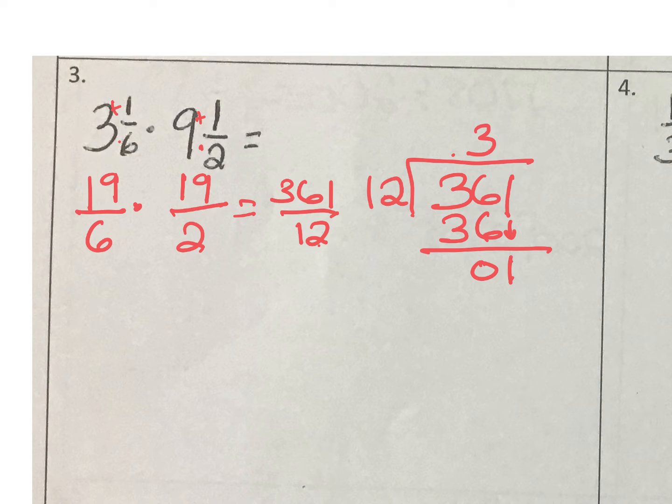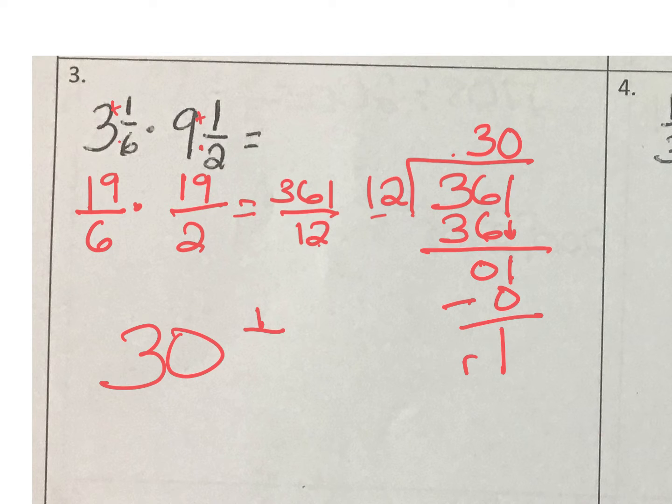Well, you can't get any 12s out of 1, so it's 0 times. 0 times 12 is 0. I subtract that out, leaves me with 1. Nothing more to bring down. I have a remainder. So I have 30 and a remainder of 1 over my denominator of 12. And I know 1/12 can't get any simpler, so I circle that, and I have my answer.